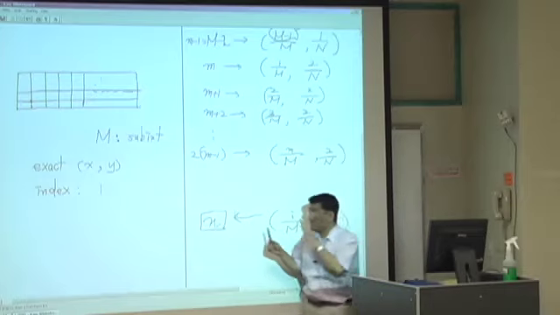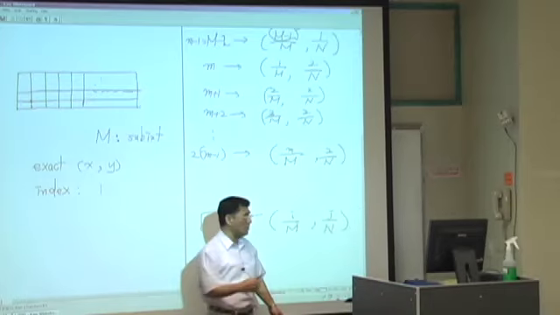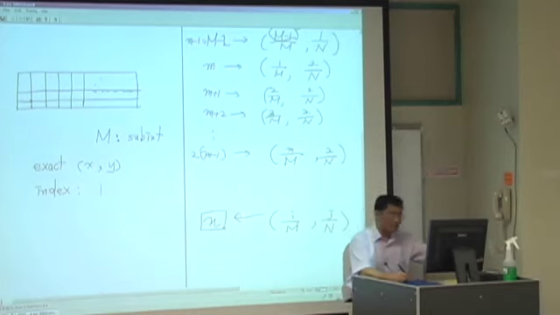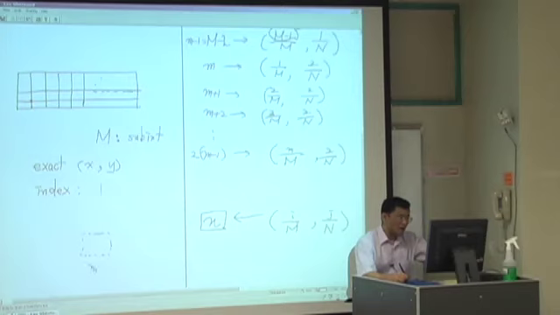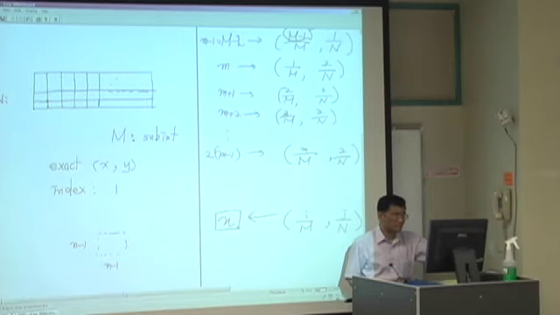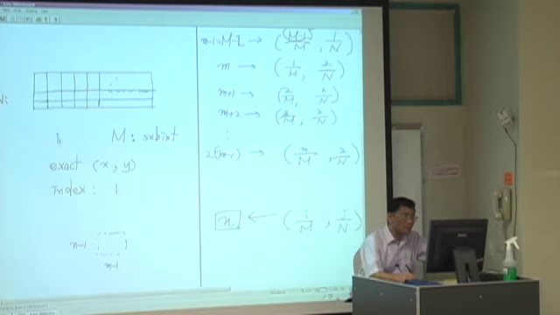And then after filling these positions, total how many points, interior points? Total in this direction, m minus 1 points, and in this direction, lowercase n minus 1 points. Uppercase M equals m minus 1. Similarly, lowercase n is n minus 1.